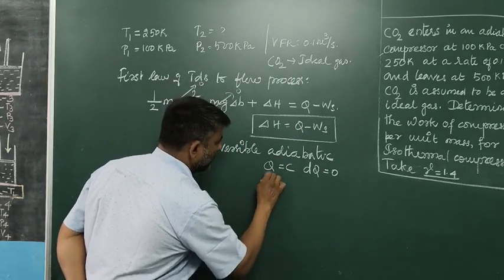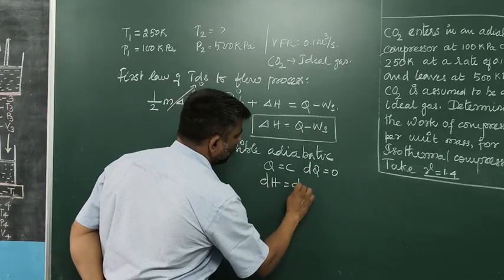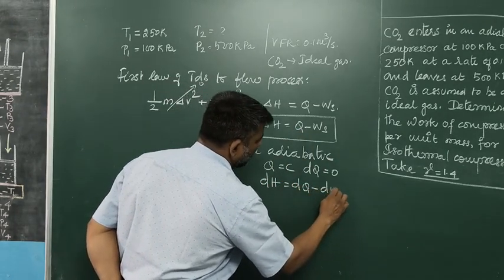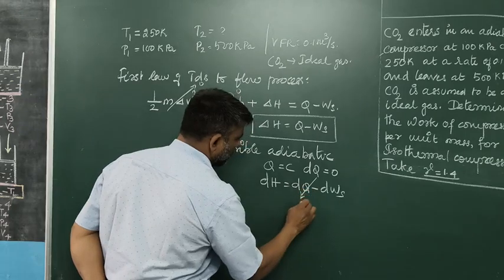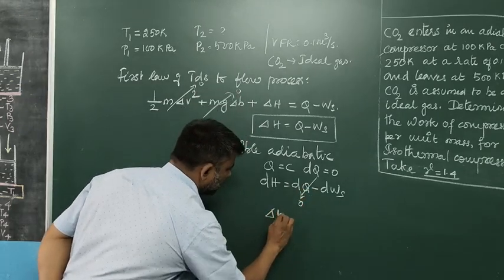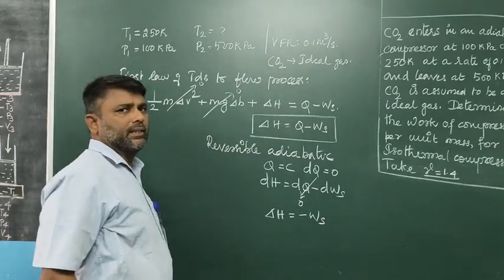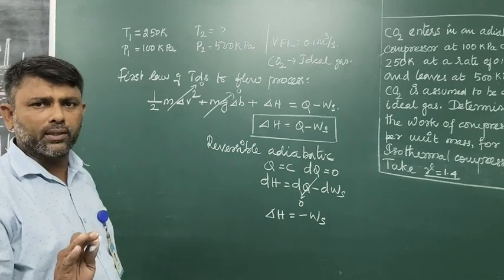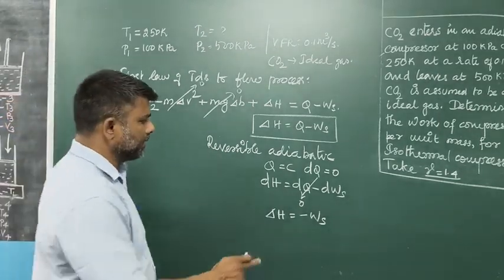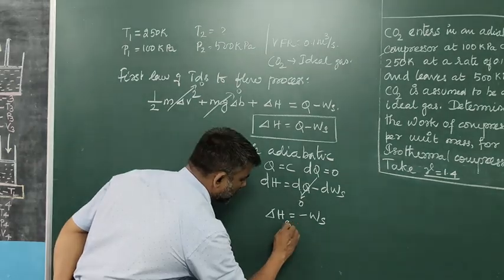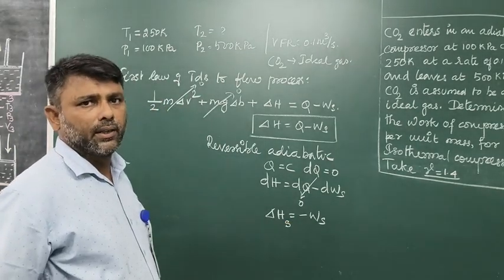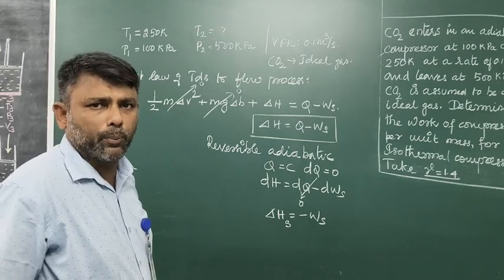This equation in differential form: dH is equal to dQ minus dWs. This term gets cancelled, hence del H is equal to minus Ws. Since it is a reversible adiabatic process, the work done or changes in enthalpy is at constant entropy. That means isentropic process.